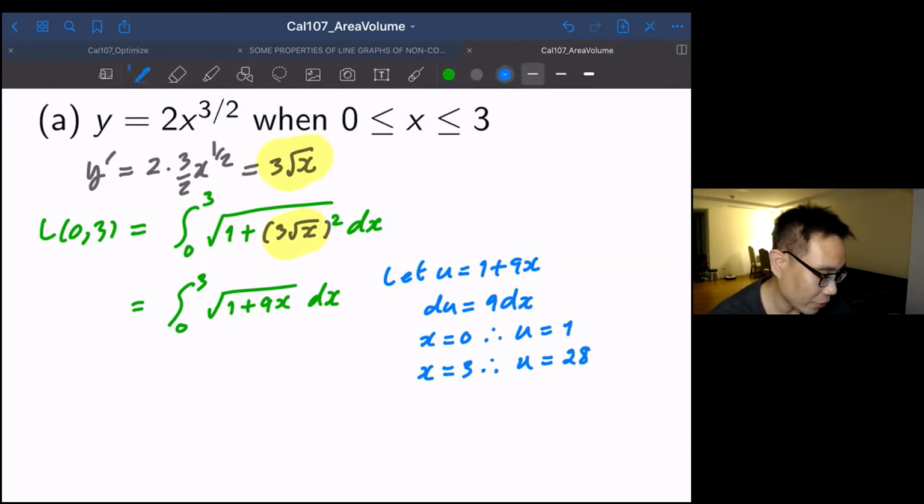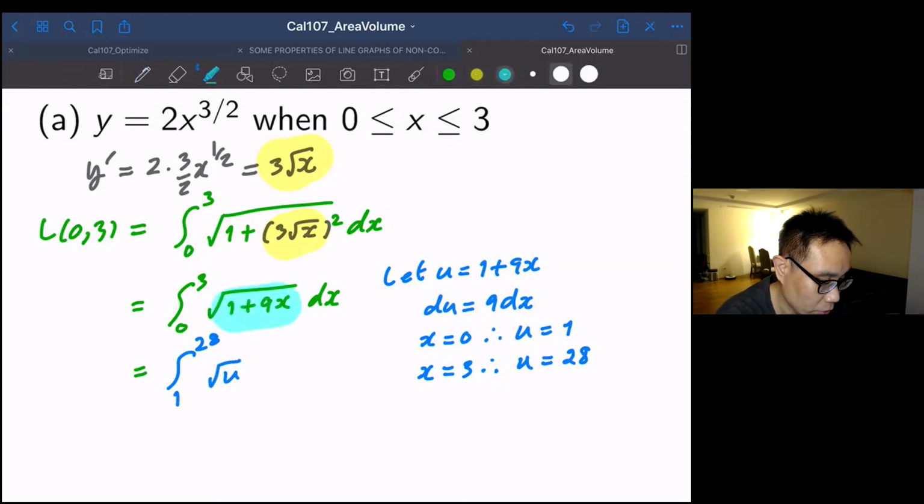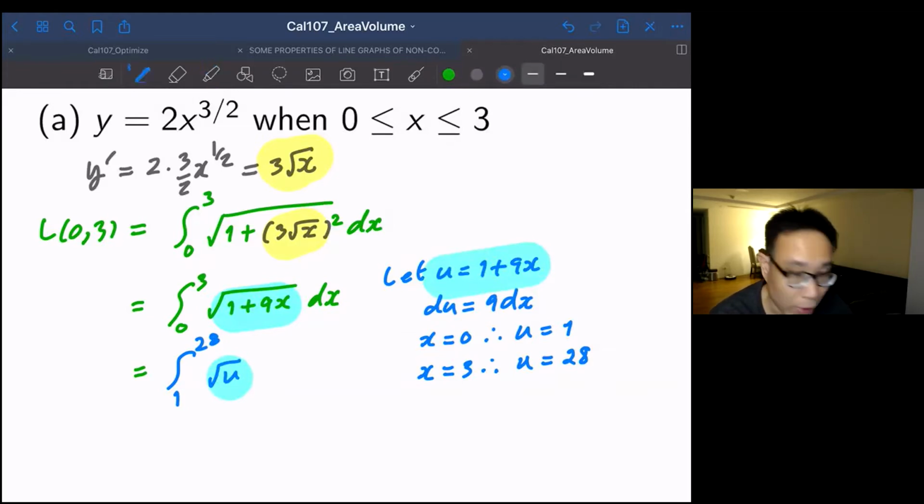So you're going to substitute. So it's going to turn out to be the integral from 1 to 28 of the square root of u, and you have du.